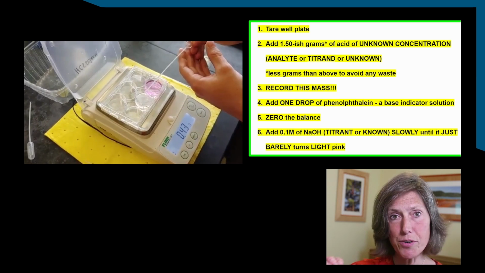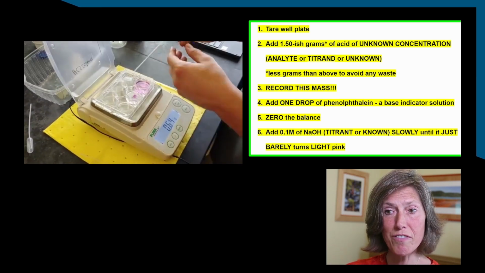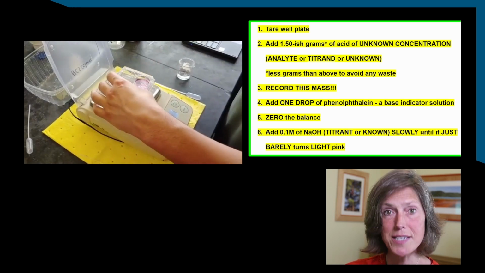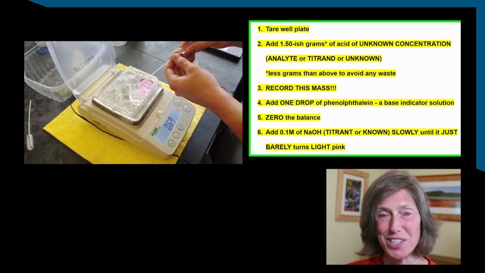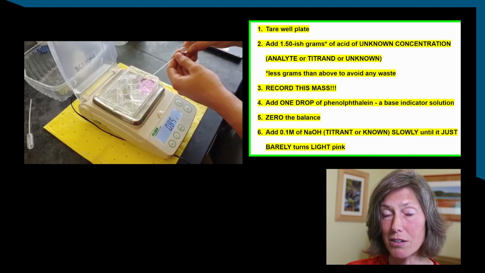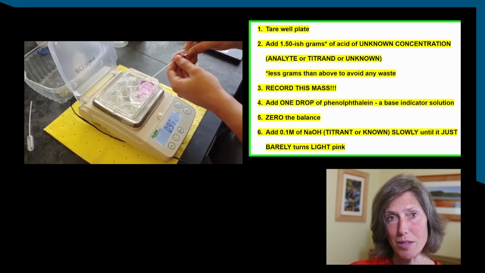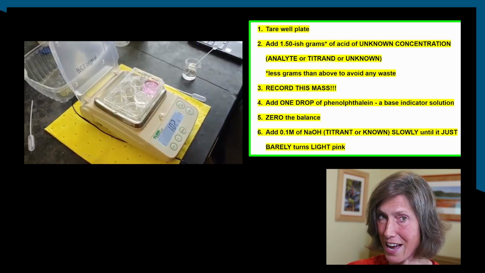And so they understand that they now need to be much more precise, because we want to figure out how much base it takes for that solution that started off acidic to remain just barely pink. So that will help them determine the concentration of the original acid.